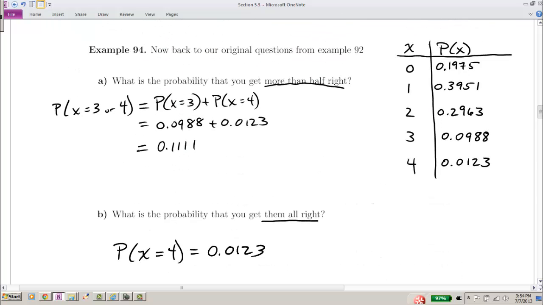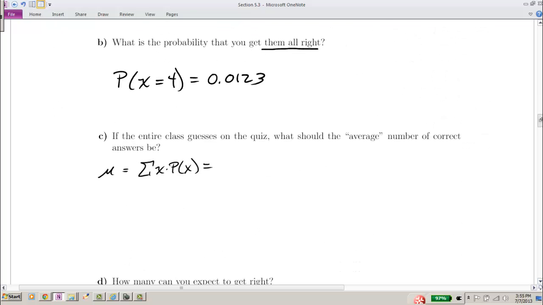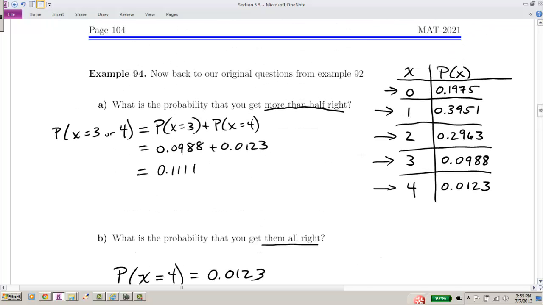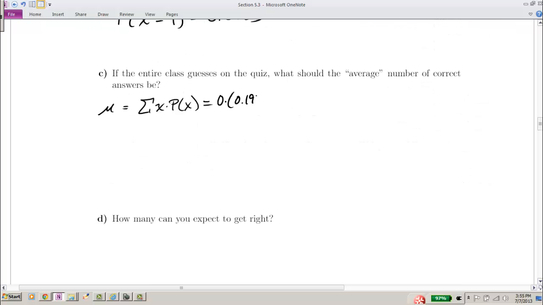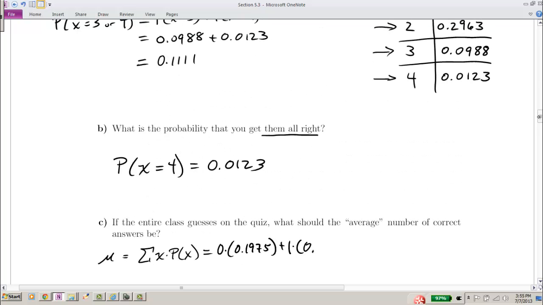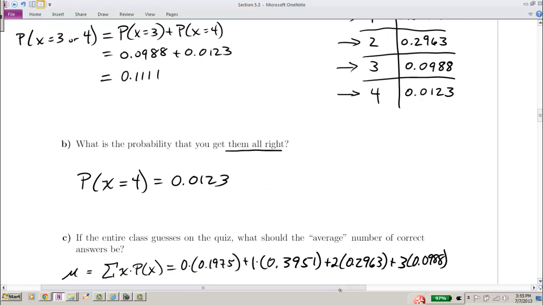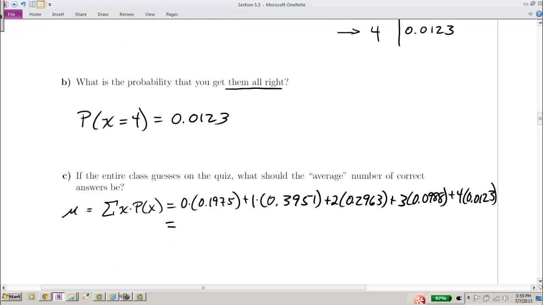I'm just going to add up the products for each of these rows, x times p of x. Let's see what we get.